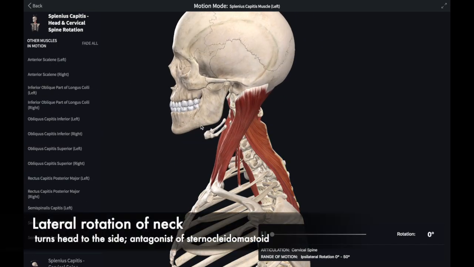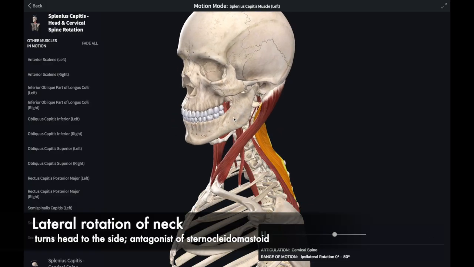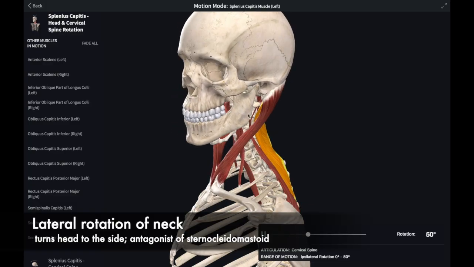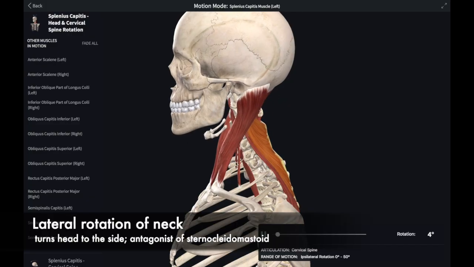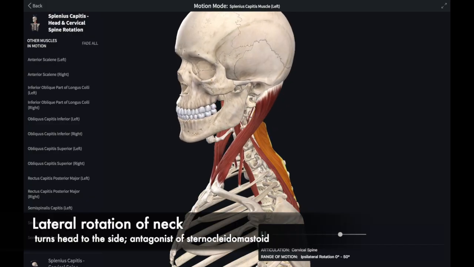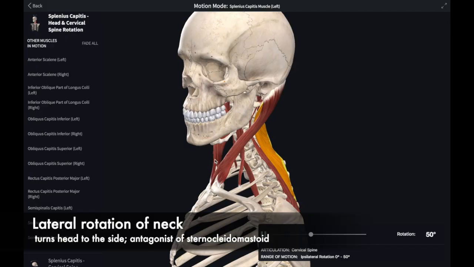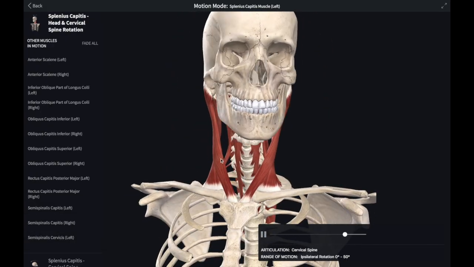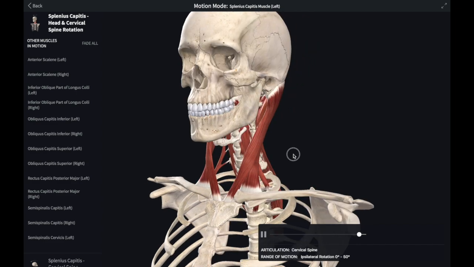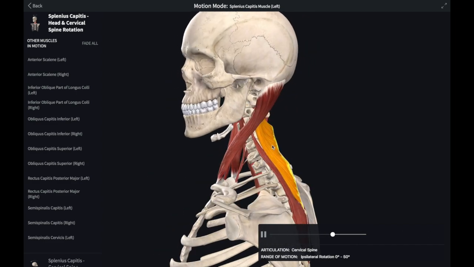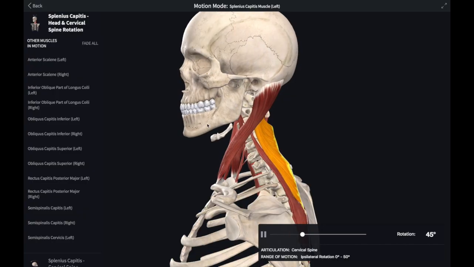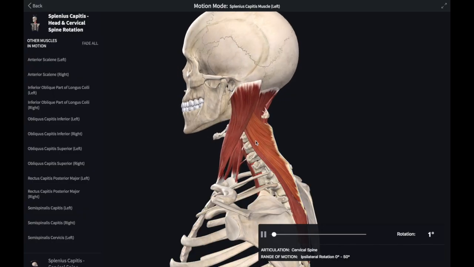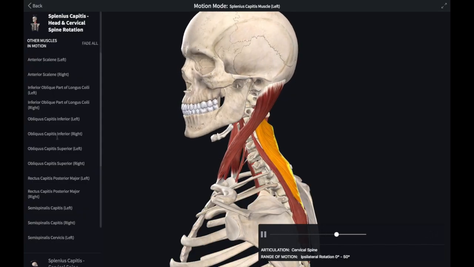Now we have another example in which our Splenius Capitis has a relationship with the sternocleidomastoid, but this time it's actually antagonist. So as we saw earlier, the sternocleidomastoid will actually have a contralateral rotation. So the right hand side will cause a left rotation. However, the Splenius Capitis, the left hand side will cause that left lateral rotation.